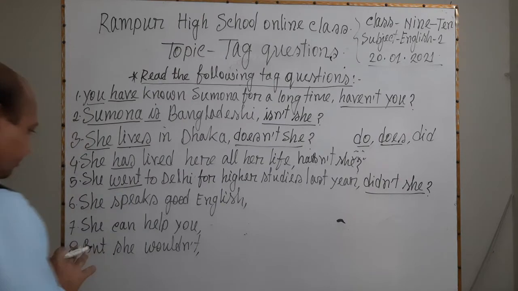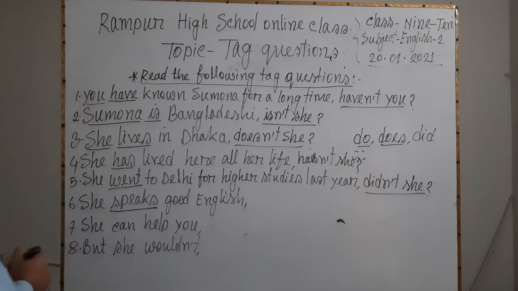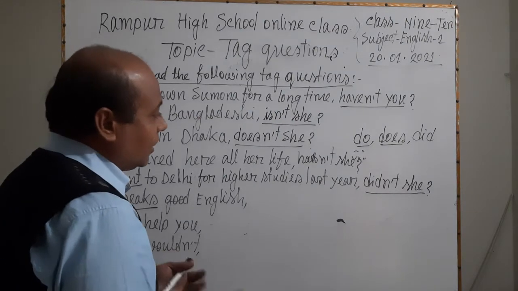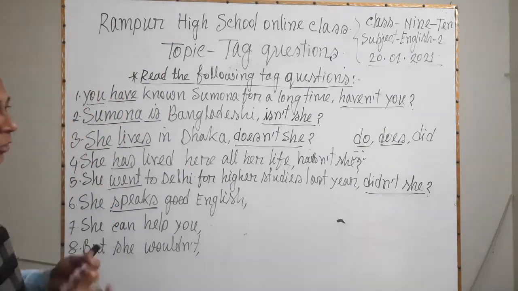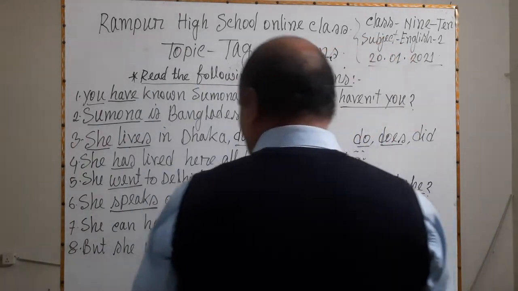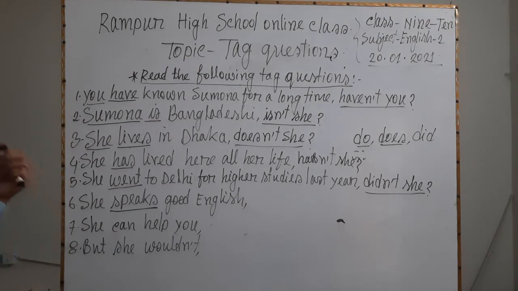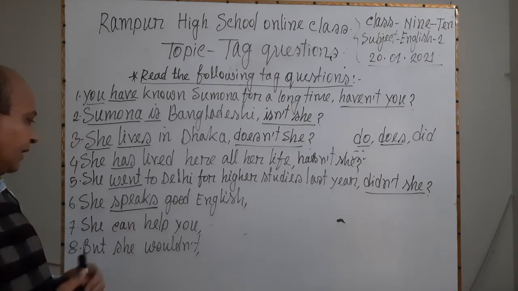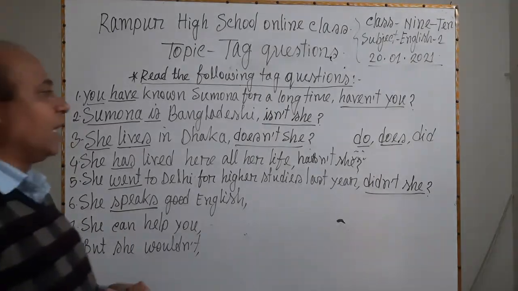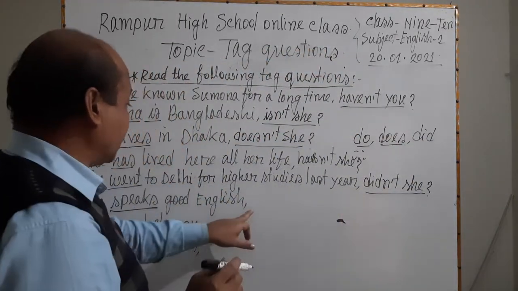Dear learners, then come to number 6. Here the principal verb is speaks. There is no auxiliary verb here. Dear learners, we know the tag question is formed by an auxiliary verb. When we do not get an auxiliary verb in a statement, we will use do, does or did as the auxiliary verb.